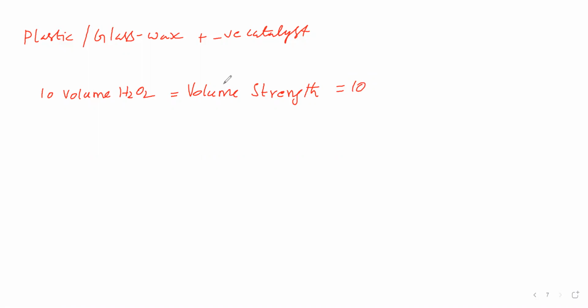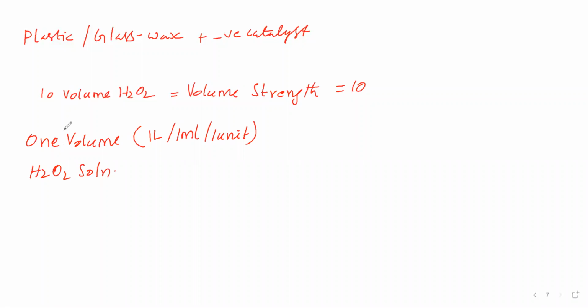What is volume strength? What we have to do is take this solution, take one volume of this H2O2 solution. One volume means you can take 1 liter or 1 ml or 1 unit volume, any you take. 1 ml of this hydrogen peroxide solution, or 1 liter, or 1 meter cube of this hydrogen peroxide solution, like this you take.